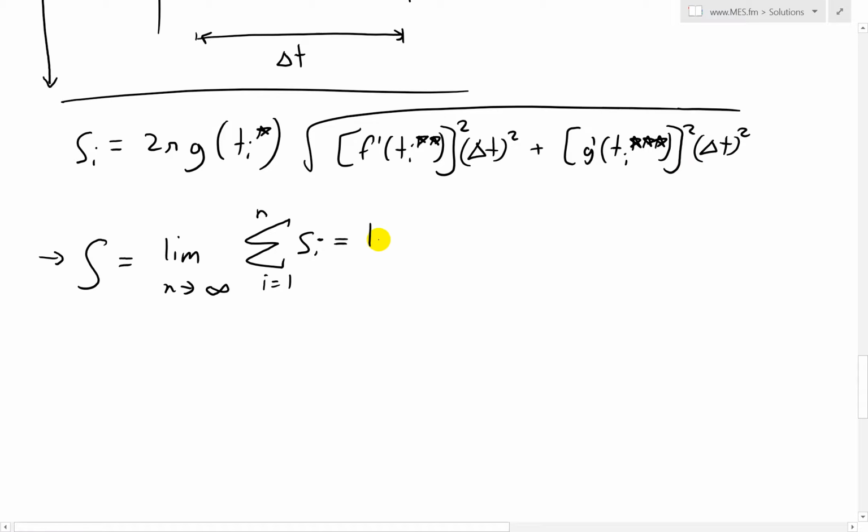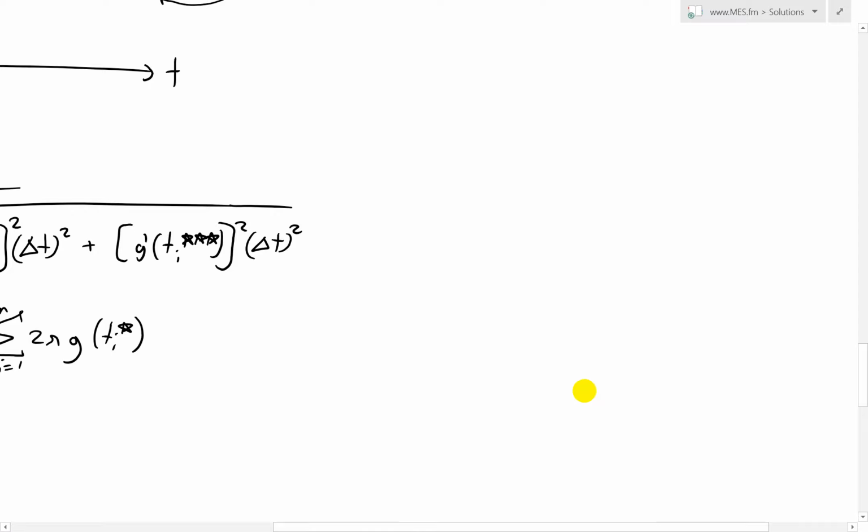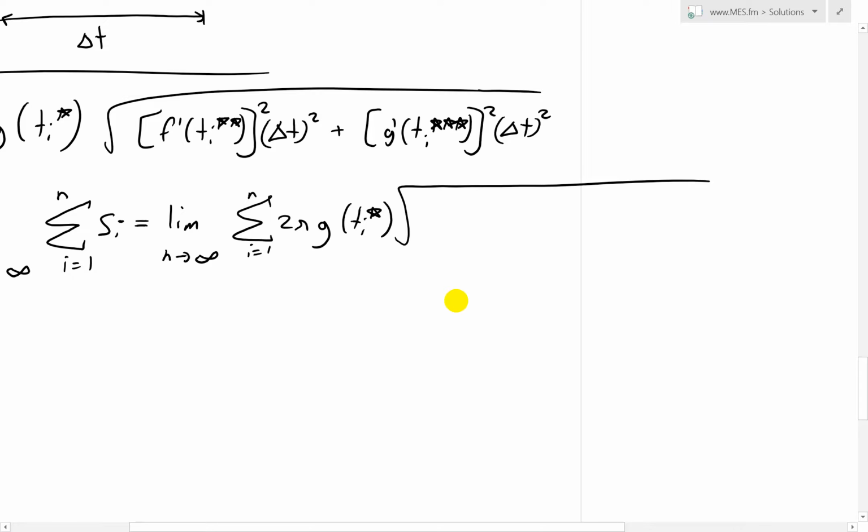So now this equals the limit as n approaches infinity of the summation i equals 1 up to n, and then just plug this inside. So 2 pi g of ti star, and then we do the square root, and just plug this in.